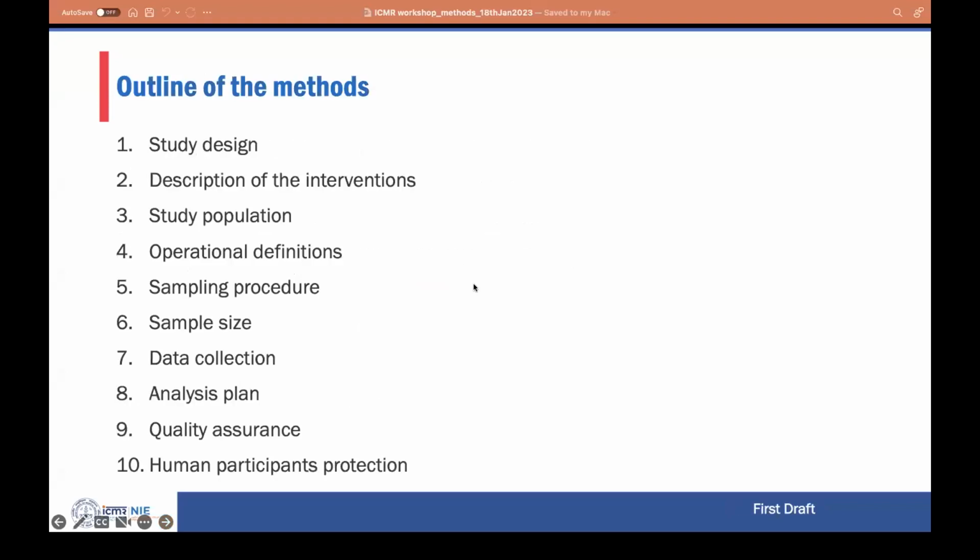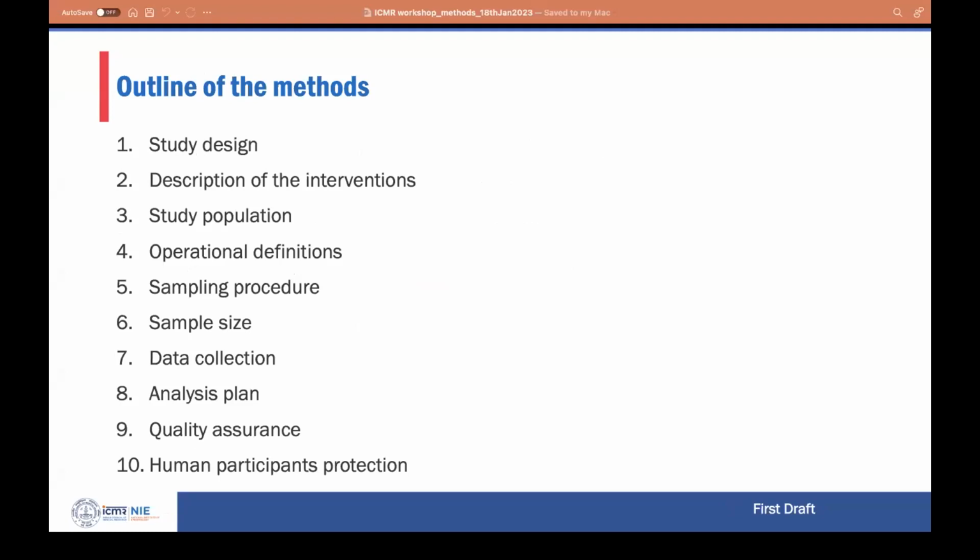So our focus is going to be how we align the objective to the various sections of methods in your proposal. These are the 10 sections that we use as a standard in our MPH program and in our various training programs. I've used this framework, and I think it will work for most of you.